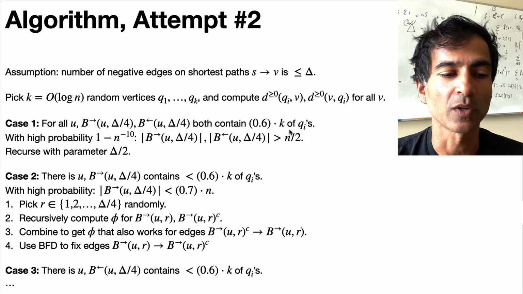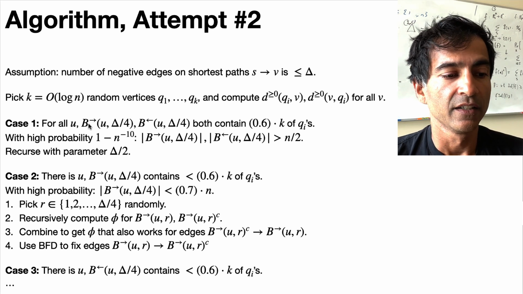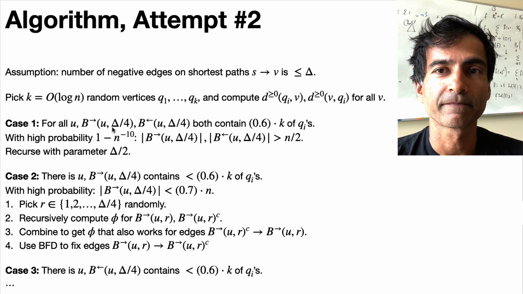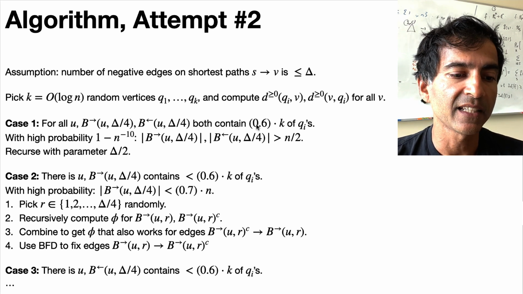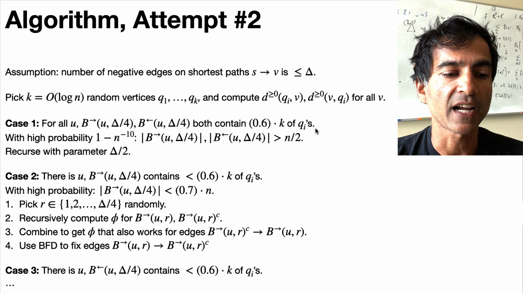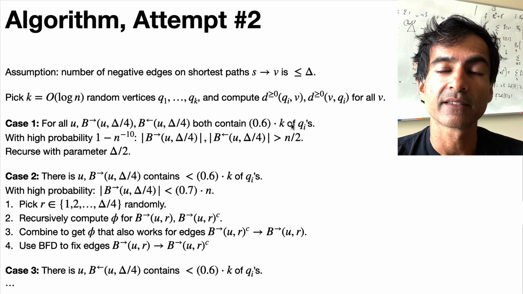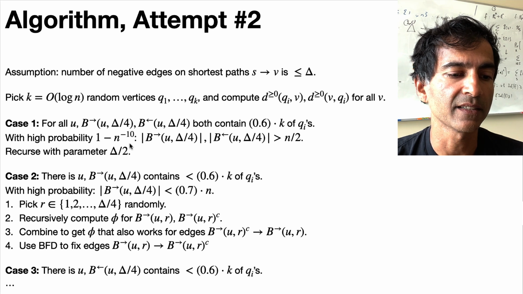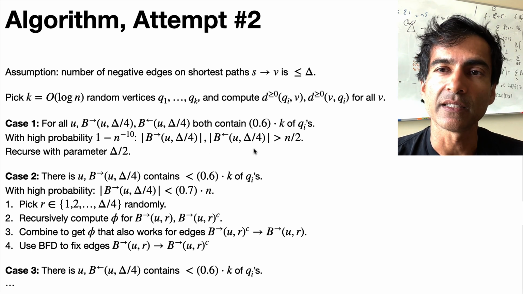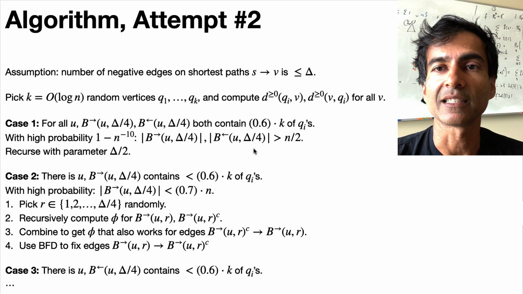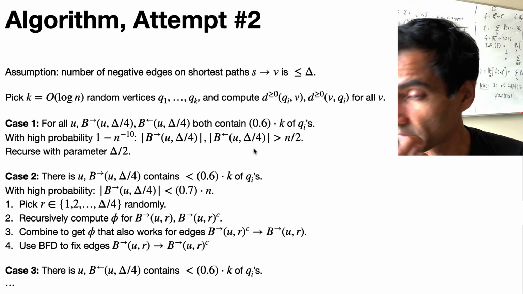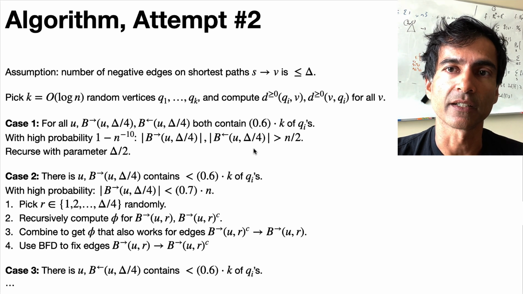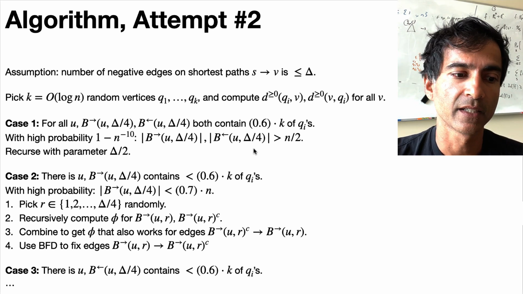And if both of them contain 0.6 fraction of the q's, that means with high probability both balls must be large, at least 1/2 of the entire space. Okay, that's just a standard Chernoff bound argument, right?